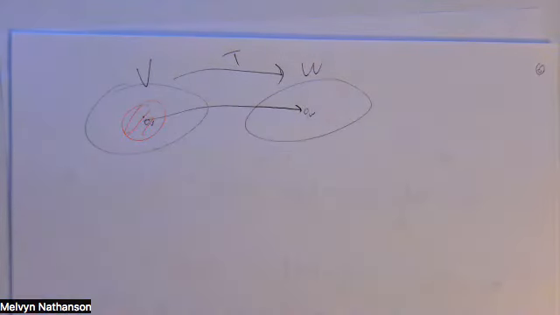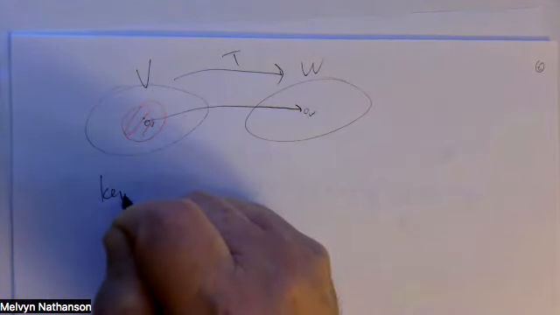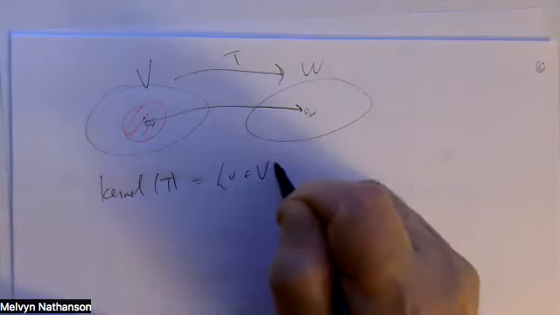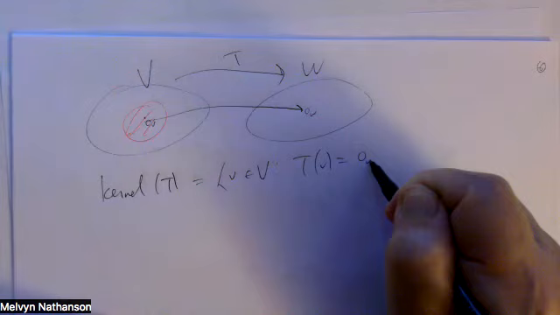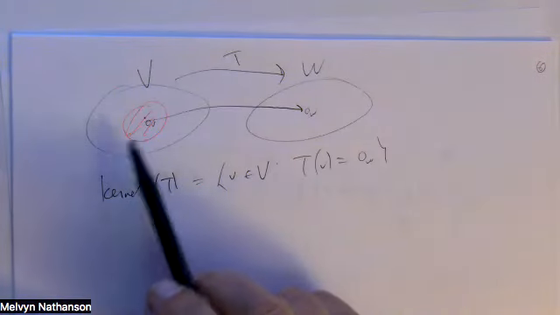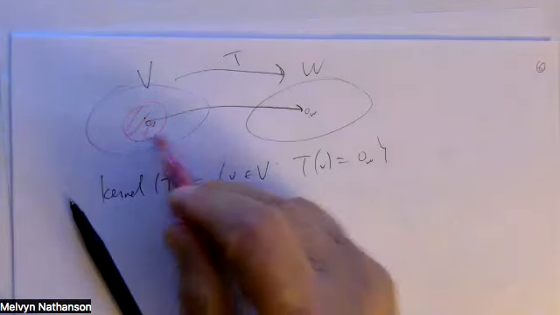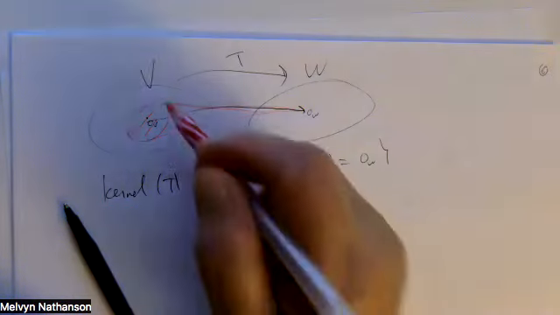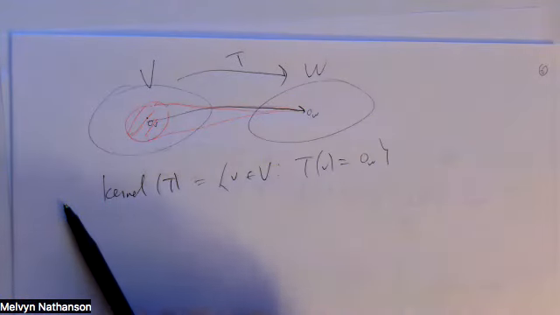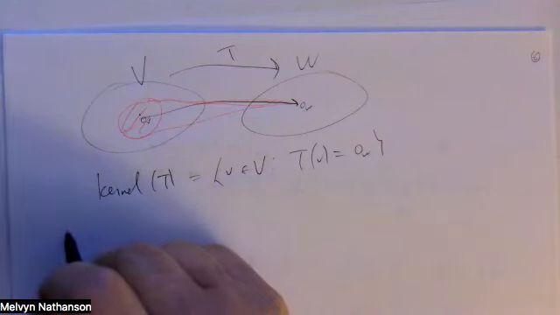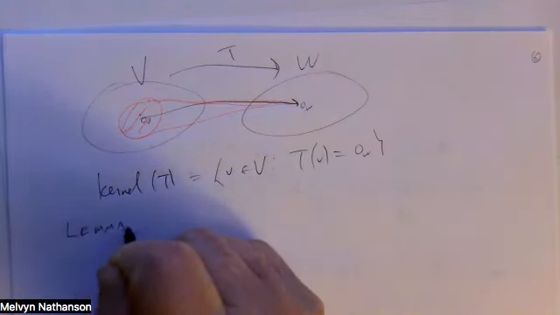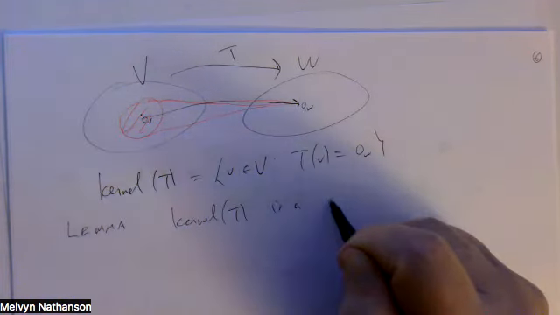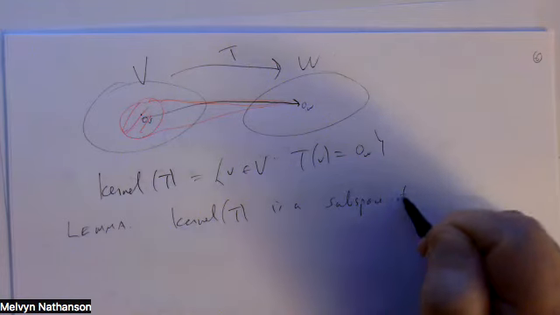So what we call the kernel of T is the set of all vectors v in V such that T of v is 0. So this is everything that gets mapped to 0. And another very important lemma is that the kernel of T is a subspace of V.